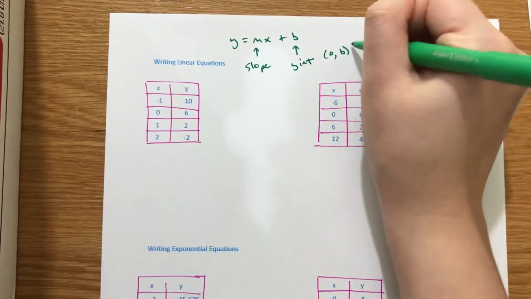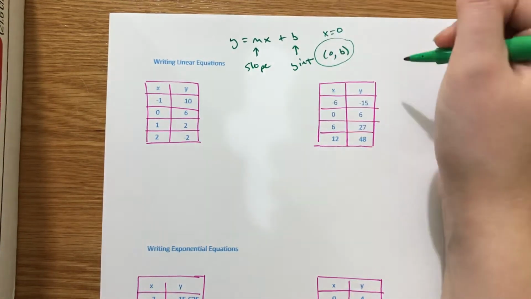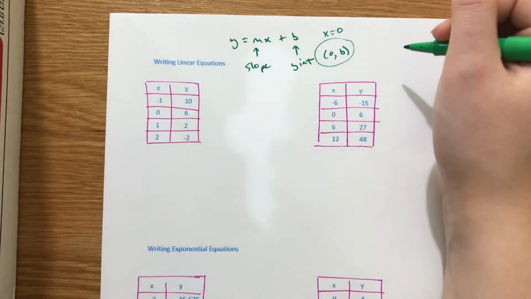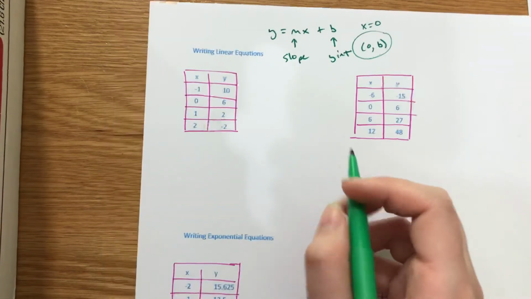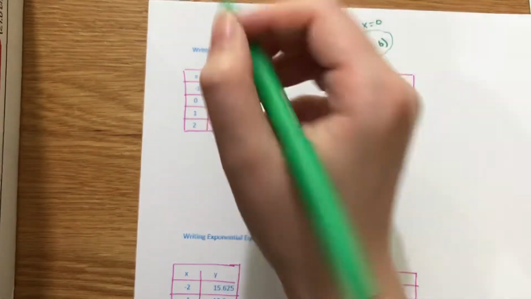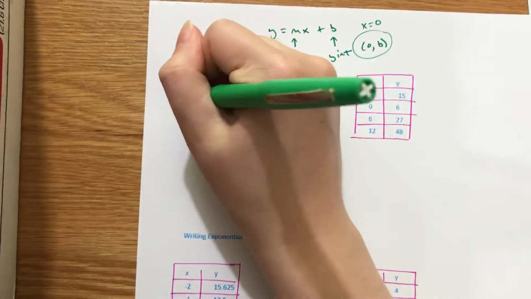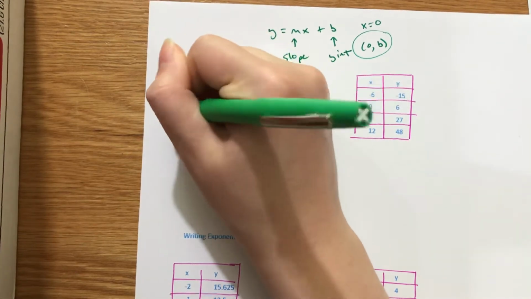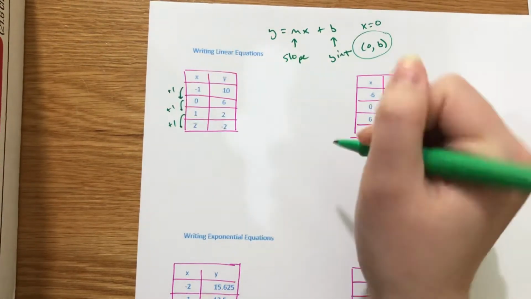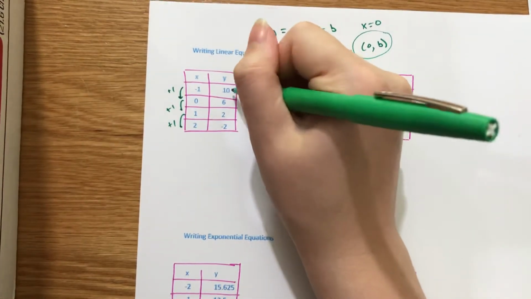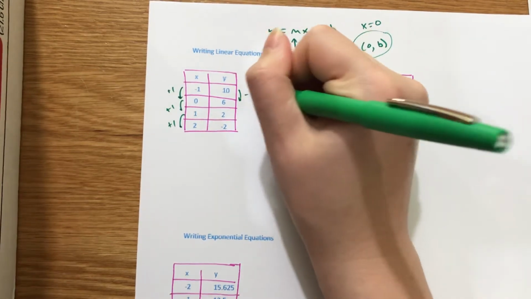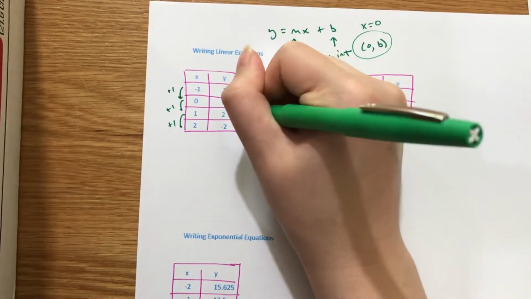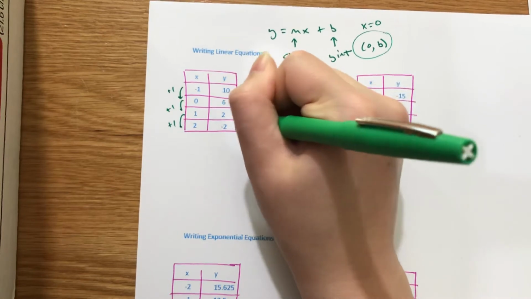So all we have to do is find when x equals 0 to find the y-intercept. So let's try it. First of all, always make your jumps. +1, +1, +1. And then on this side, how do we get from 10 to 6? We subtract 4, 6 to 2, subtract 4, 2 to -2, subtract 4.